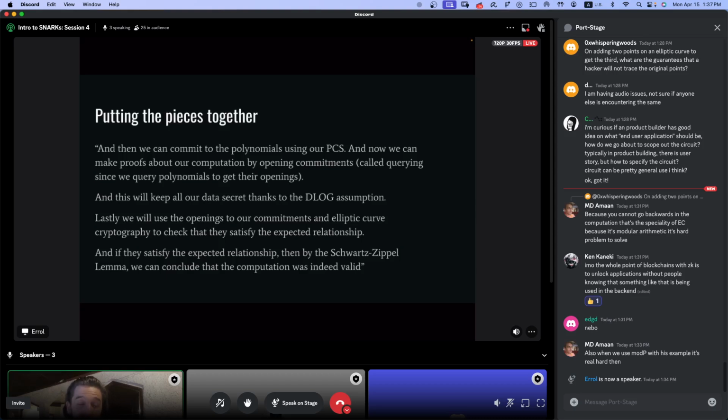Because if we evaluate them at a random point and their evaluations are the same and the polynomials are the same size, then with 99.99999% probability, the polynomials are the same. Sorry, if the evaluations are the same, then almost definitely the polynomials are the same, which should only happen if the computation was filled in correctly.